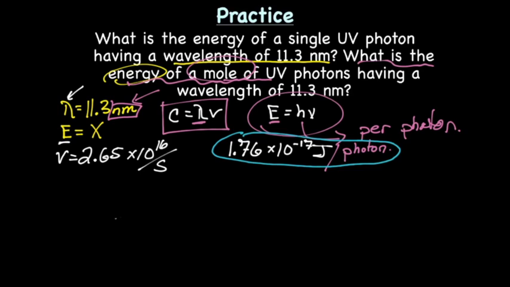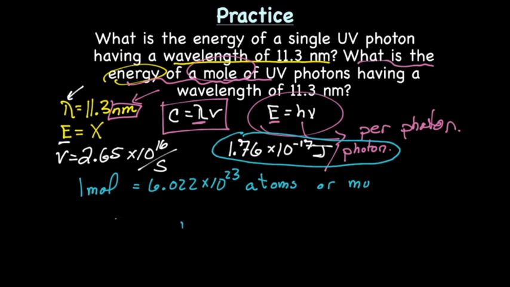An equality you already know, I hope, is that 1 mole equals 6.022 times 10 to the 23rd. So far we've used that with atoms or molecules. But the truth is, it's a counting unit, right? And so it could be 6.022 times 10 to the 23rd of anything.